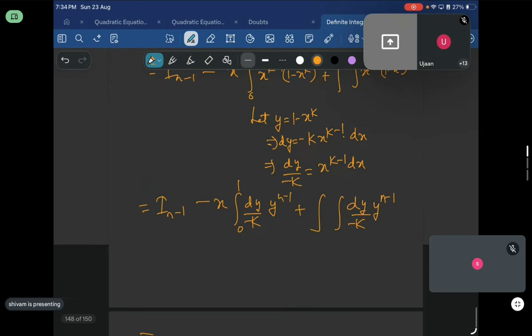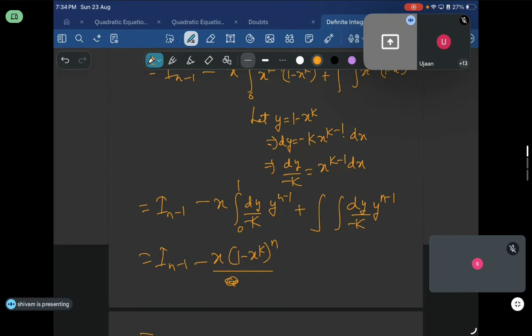So this will become y to the power n divided by n, that is (1 minus x to the power k) whole to the power n divided by minus nk.